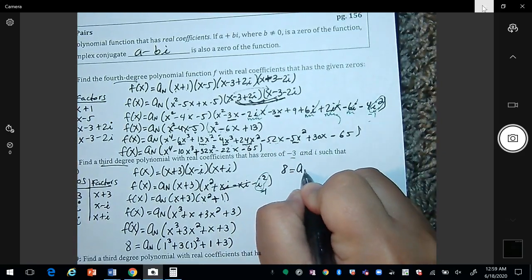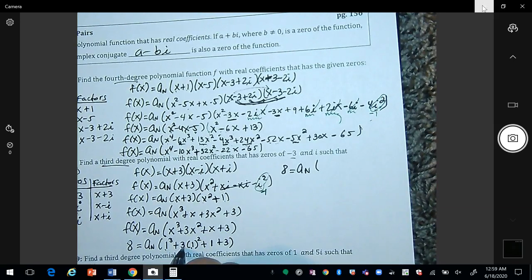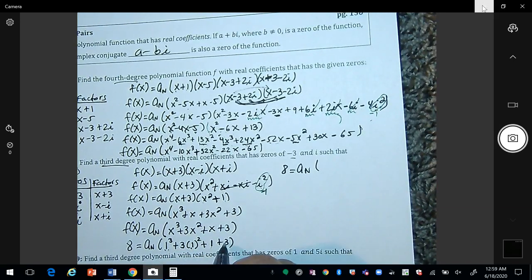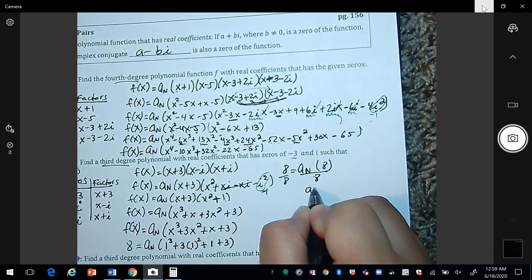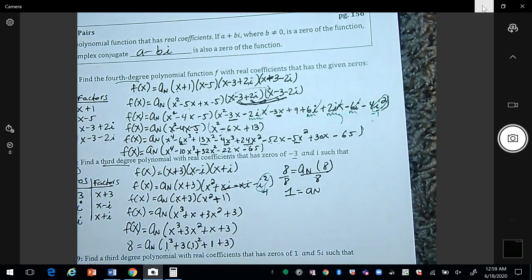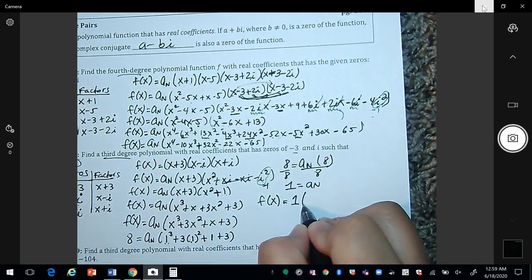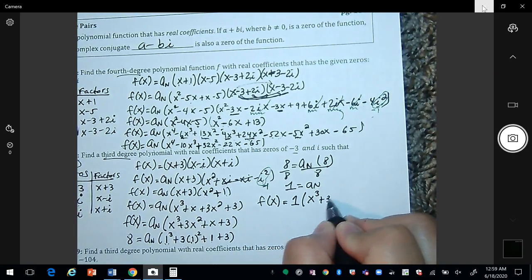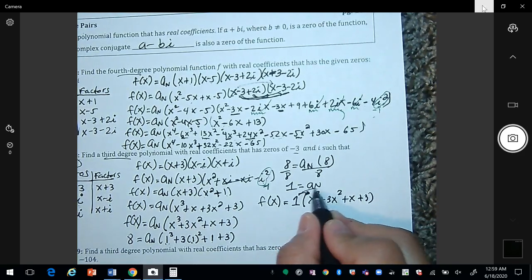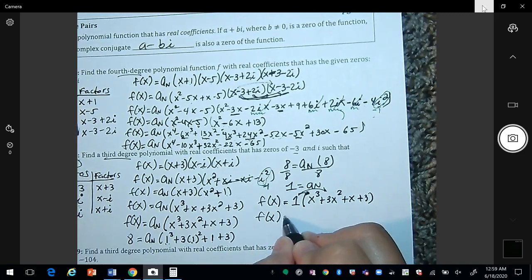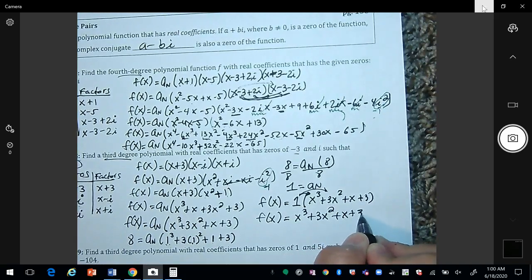So we get a_n, 1 cubed is 1, 1 squared is 1 times 3 is 3, plus 1 is 4, plus 1 is 5, plus 3 is 8. So divide by 8. That tells me that my leading coefficient is 1. So if I plug that back in, I get 1 times x cubed plus 3x squared plus x plus 3. Multiply the 1, and that's just going to be x cubed plus 3x squared plus x plus 3.